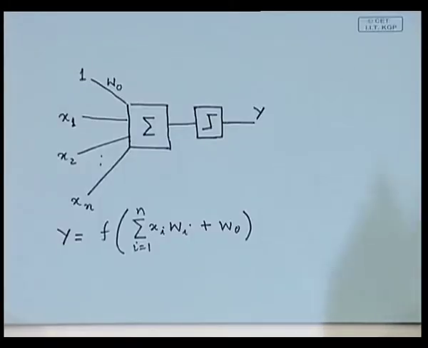We wanted a weight vector which gives you proper classification between two or more classes. So here also the major task is to decide about these connection weights, and that is what is done during training or learning of the neural network.